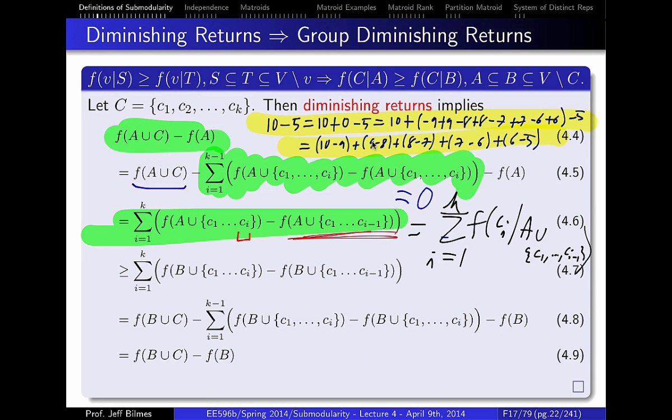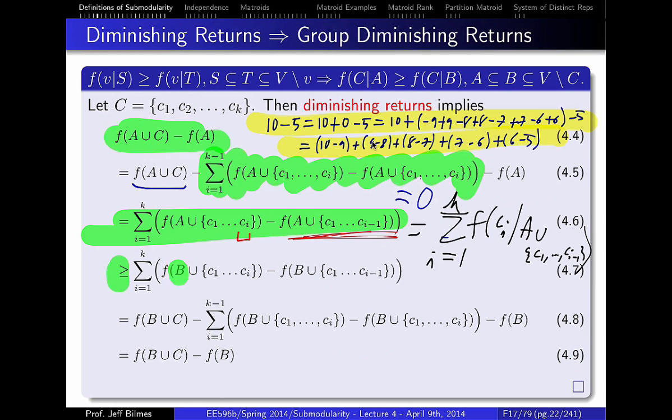Okay. But now, what are we doing? We're using submodularity and saying, if we grow the context in each one of those terms, we can use the individual diminishing returns property and say, let's grow the context from A and the partial accumulation of C's to B. And B is going to grow that context as well. So therefore, we get an inequality here.